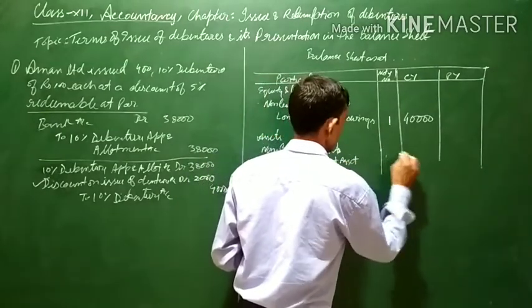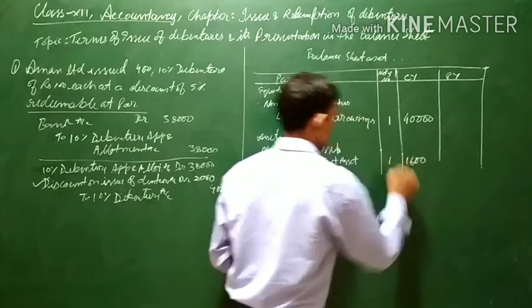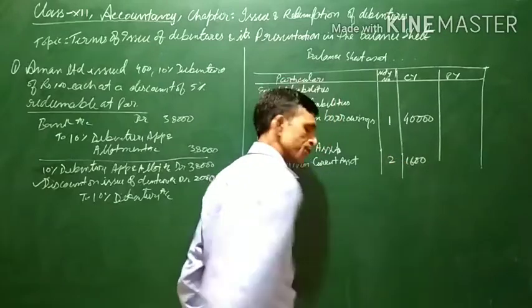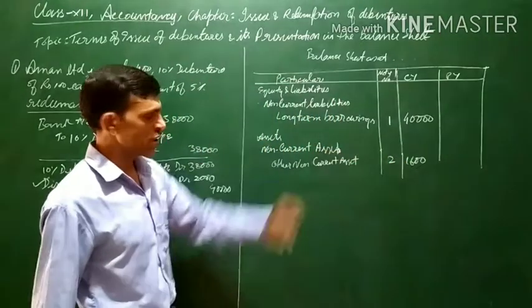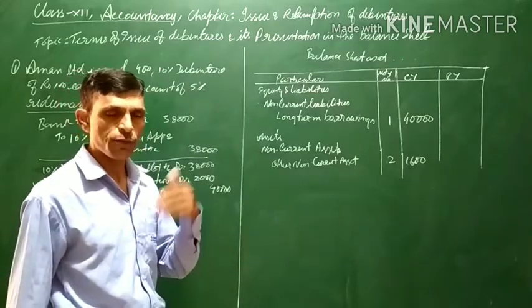And this 1,600 is the other non-current assets, that is the discount on issue of debenture. This is note number 2. It will be other non-current asset. The discount on issue of debenture of 1,600 will be written off after 1 year.